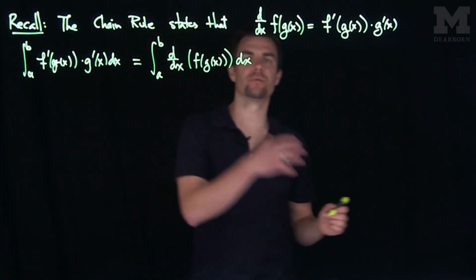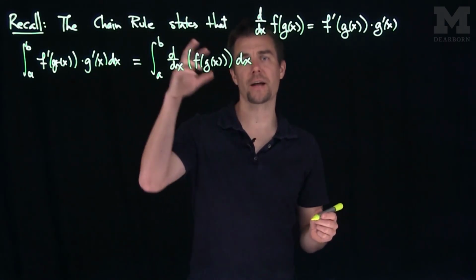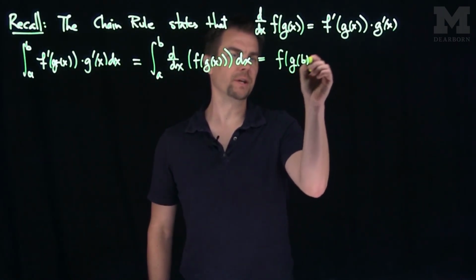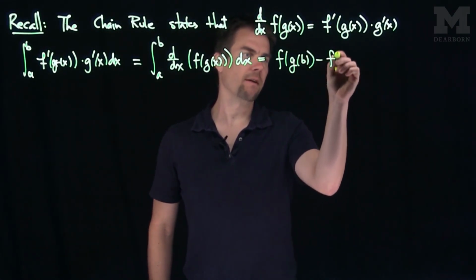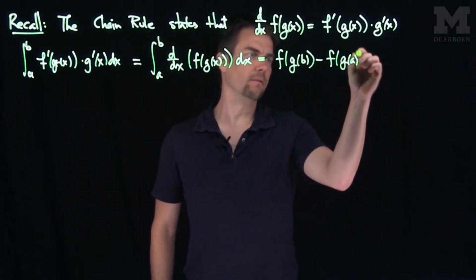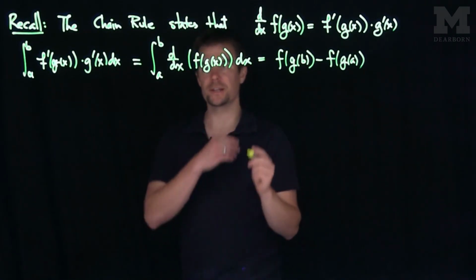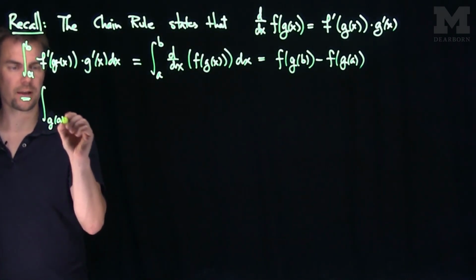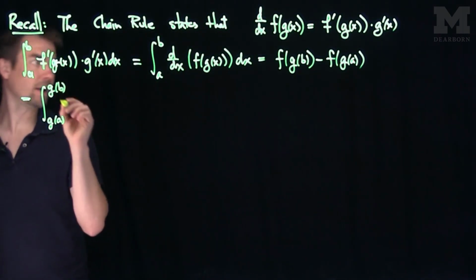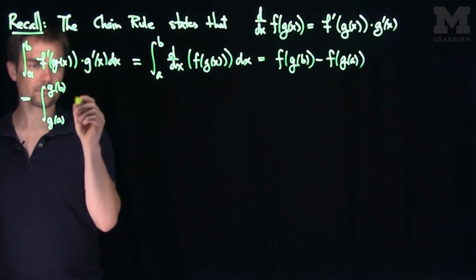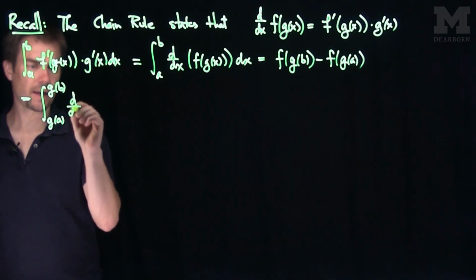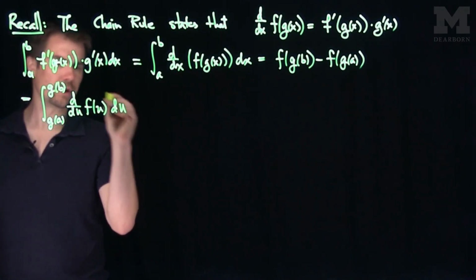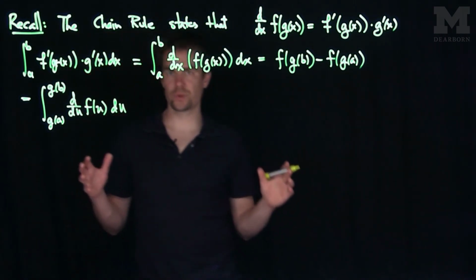And now when you integrate a derivative, you just evaluate the innermost function at the endpoints. So this will be f of g of b minus f of g of a. This is equivalent to the integral from g of a to g of b of d by du of f of u du, where I've simply switched the variables.